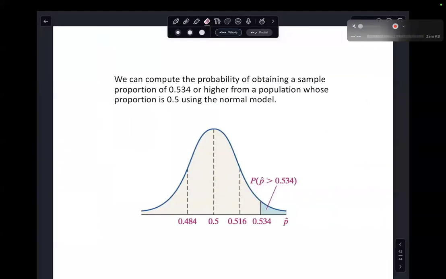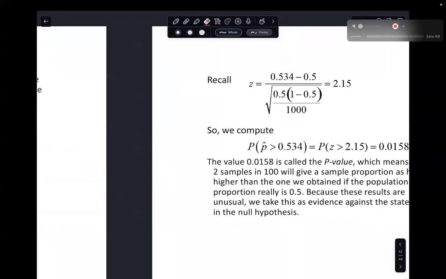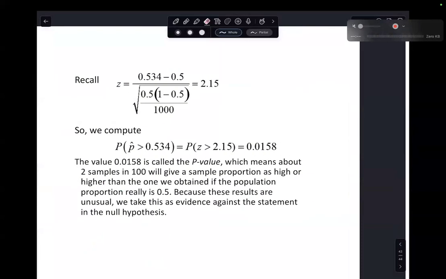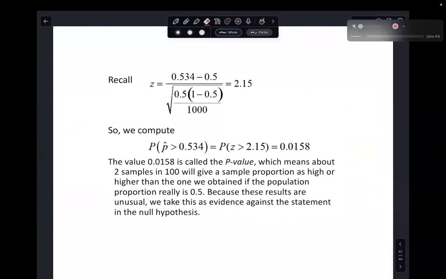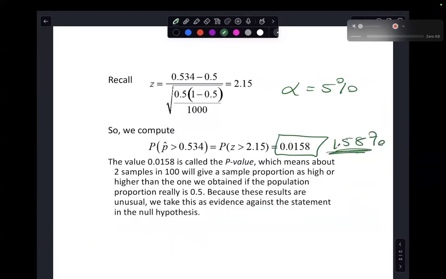Let me see if this shows it better. So if my alpha is 5% and I get a probability of 1.58%, since this number is smaller than the 5% we agreed on, I would reject the null hypothesis.